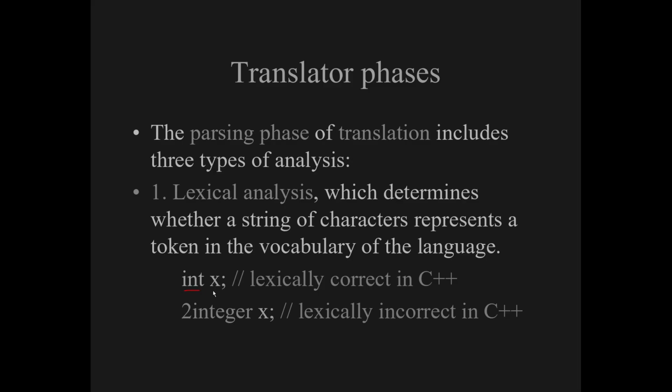First one's int, next one's x, and this one's a semicolon. Now, this int here is a keyword, the x is an identifier, and the semicolon here is, well, the semicolon. Now, this is lexically correct because each individual atom, let's say, of the statement is correct in its formulation.